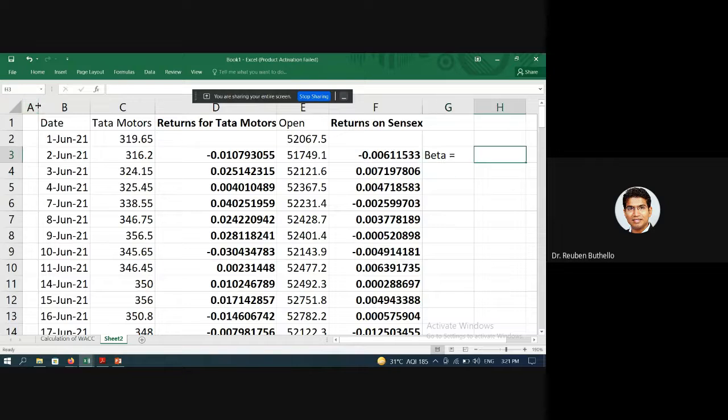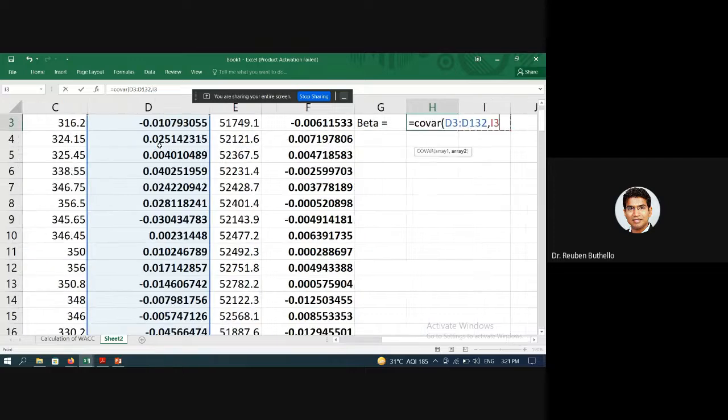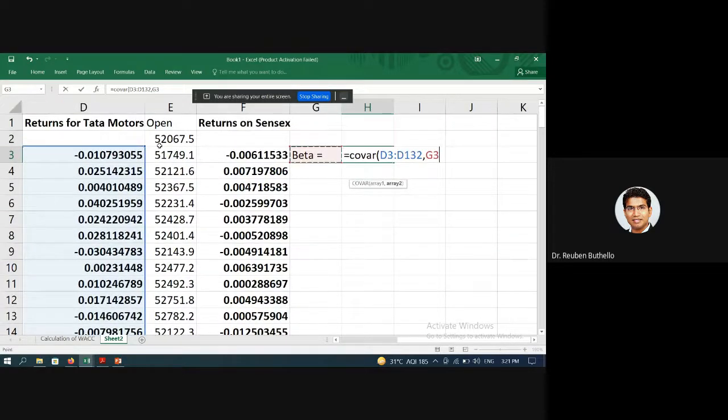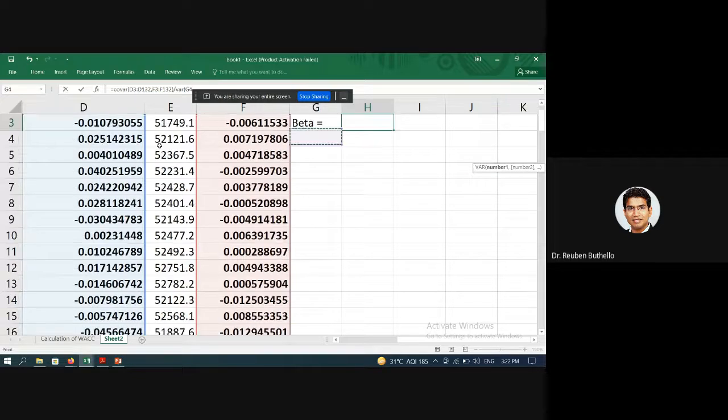So I will write down here covar of array 1. I'll take my returns of Tata Motors, comma, returns of the Sensex, bracket close, divided by variance, that is var, of my Sensex.